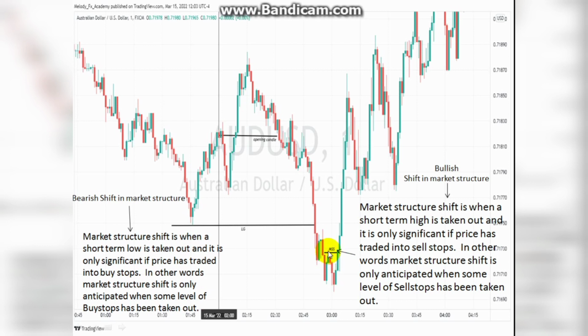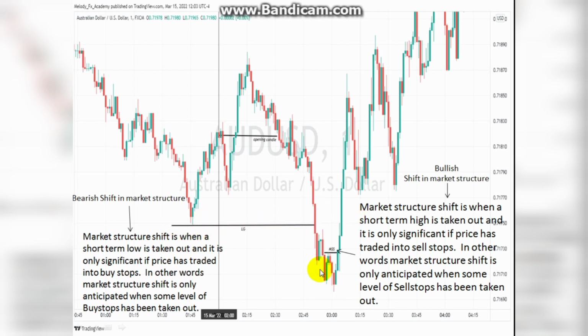It is only significant if price has traded into sell stops, which is this.